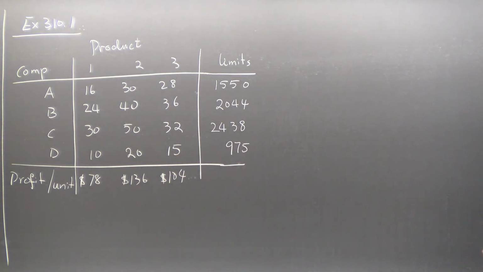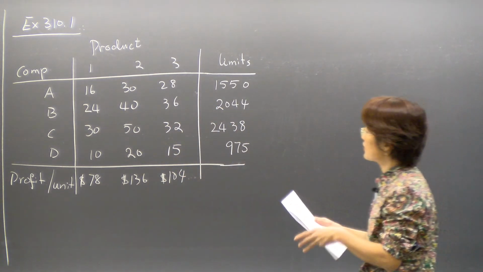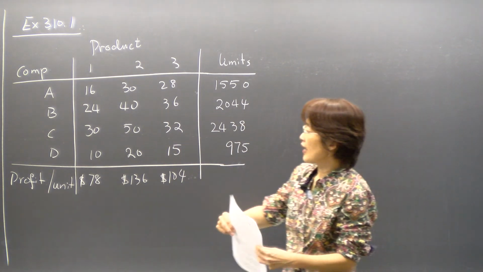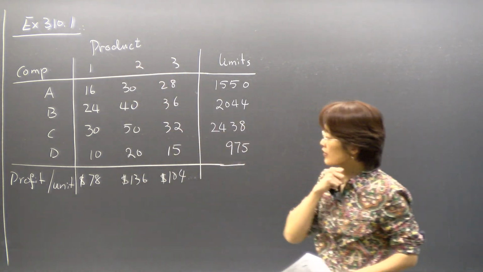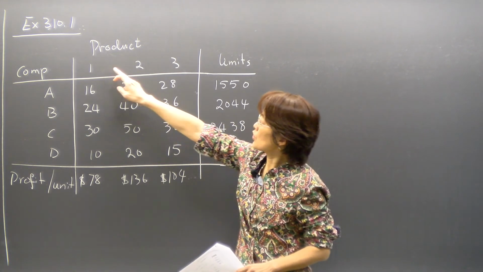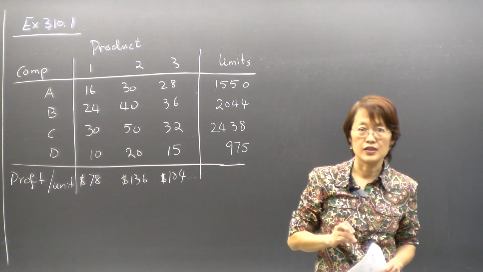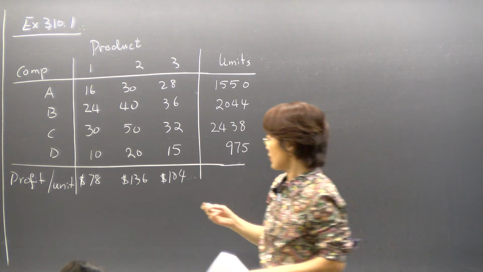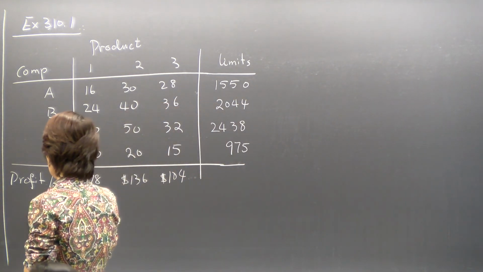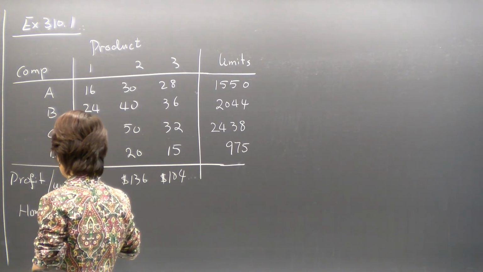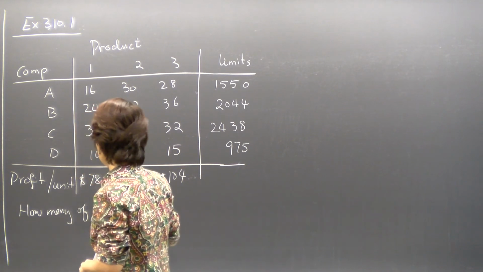So the question now is, in this situation, with the limited resource and the price tag on each product, how many of each should you produce to maximize your profit? Is that clear? So how many of each product?